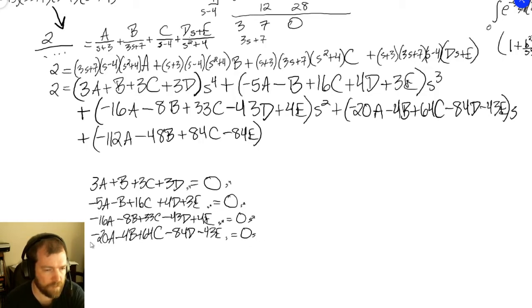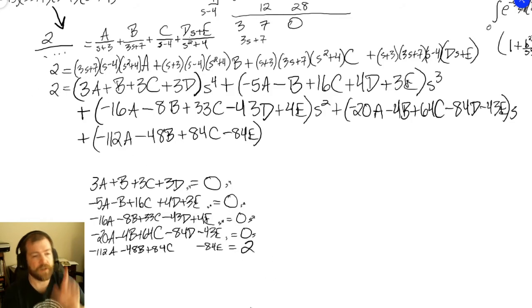And negative 112a minus 48b plus 84c minus 84e equals 2, because again, this is the constant term.